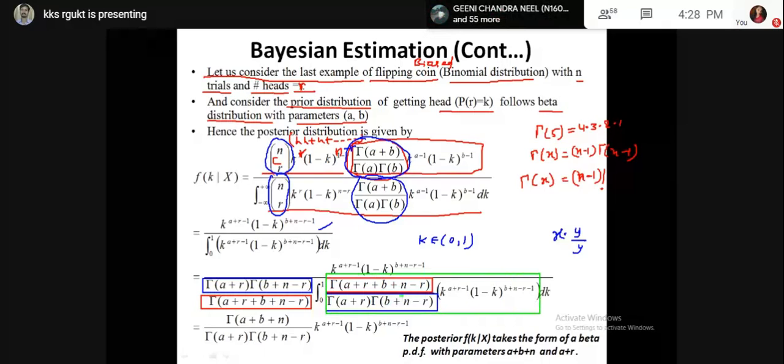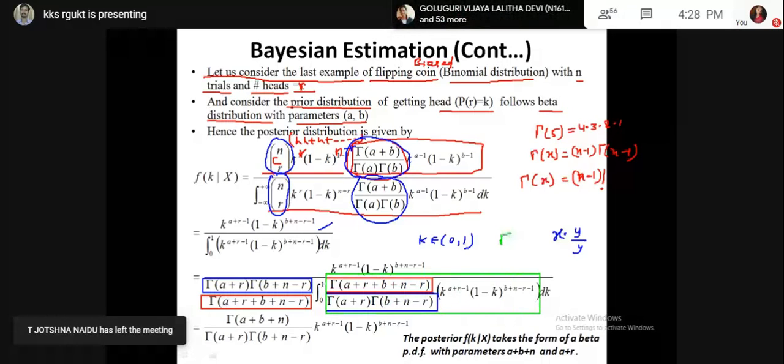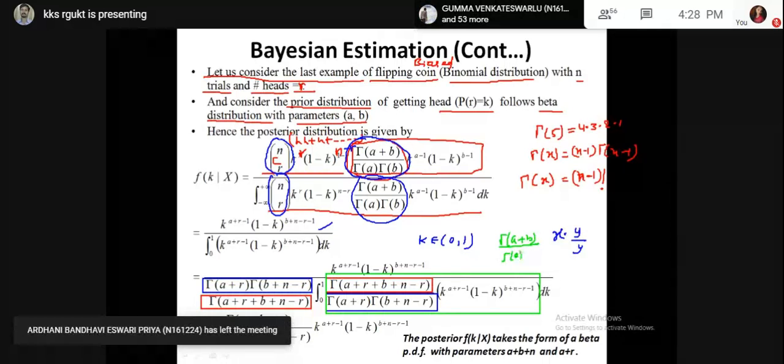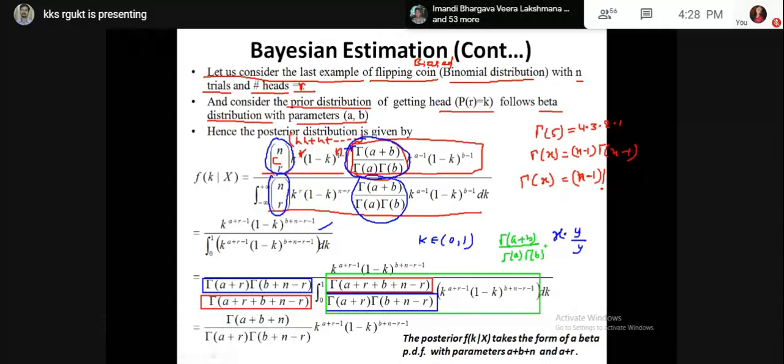This is a beta distribution. A beta distribution looks like gamma of a plus b divided by gamma of a times gamma of b, multiplied by k to the power a minus 1 and 1 minus k to the power b minus 1.